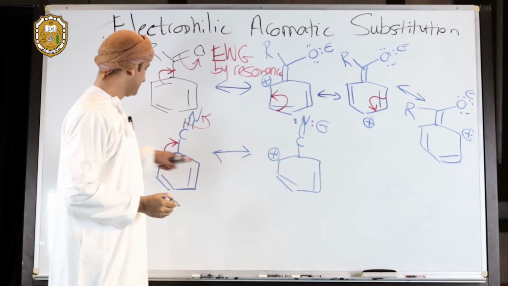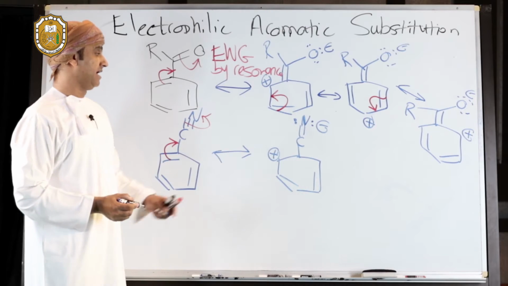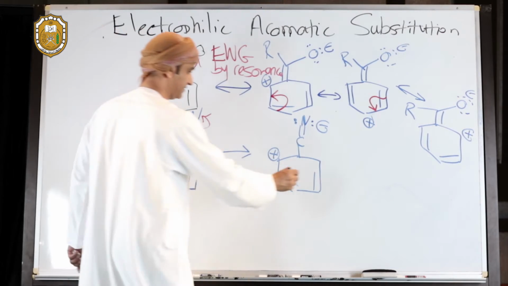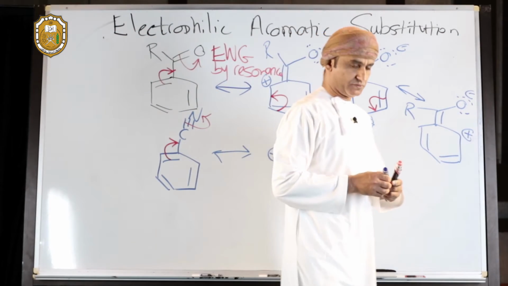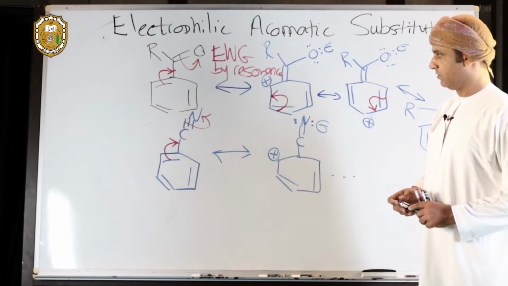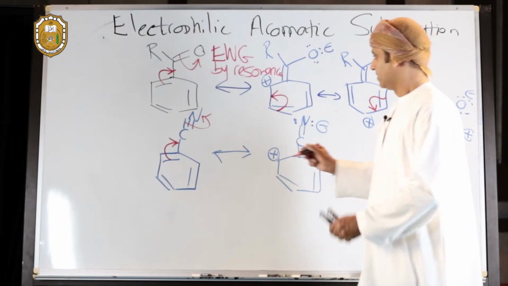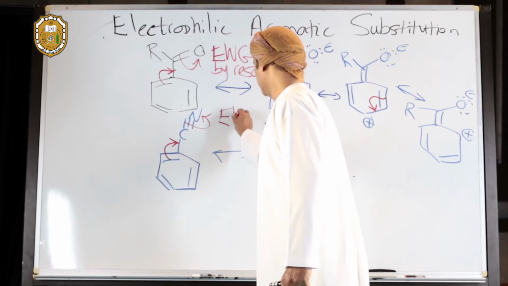And as a result, that carbon has lost its electron share, and therefore it must carry a positive charge. You can continue with writing more resonance forms in the same manner that we did before. So the cyano group is also an electron withdrawing group by resonance.